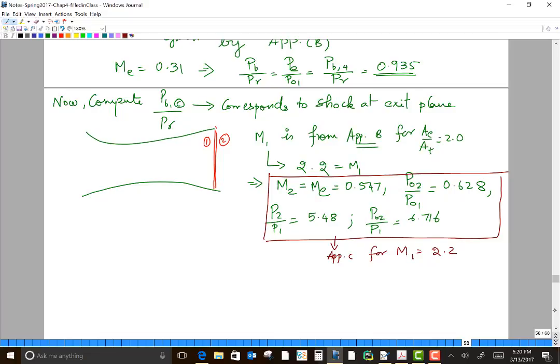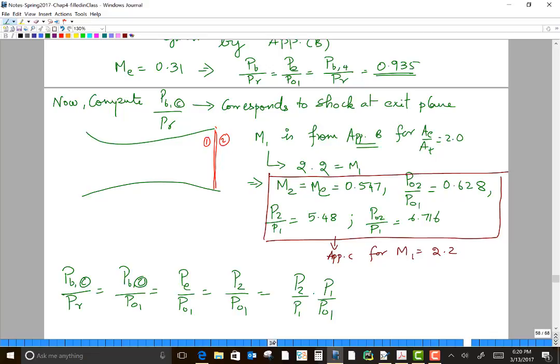Okay, so what we are after is PBC, right? PBC by PR equals PBC by P01, which is PE by P01 equals P2 by P01, which is P2 by P1 times P1 by P01, which is nothing but P2 by P1 times P1 by P02 times P02 by P01.